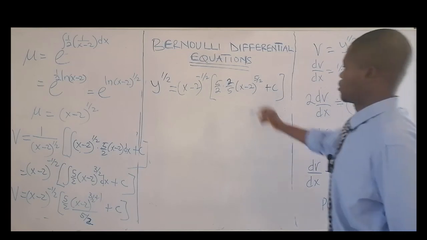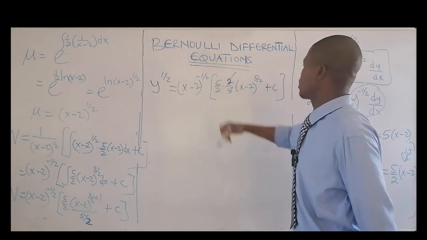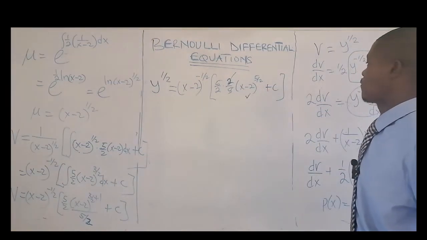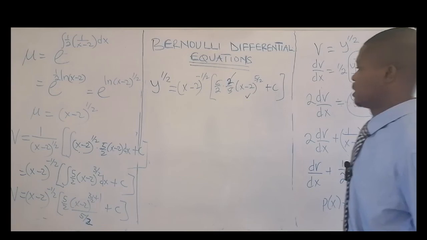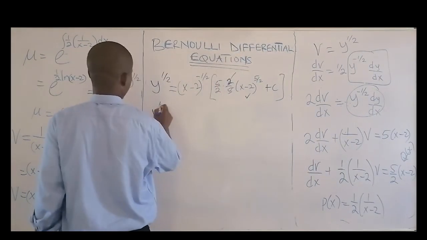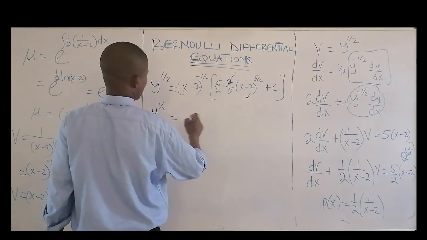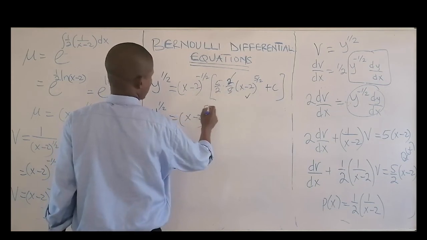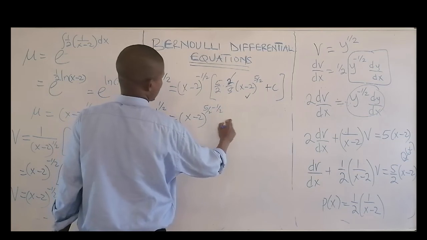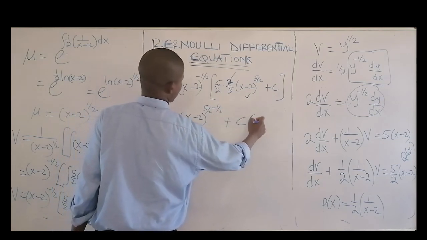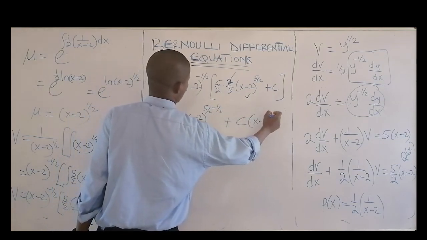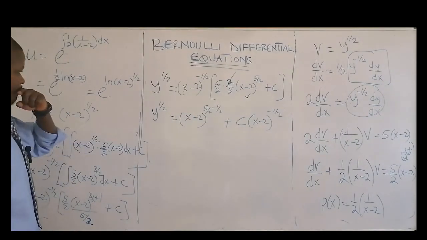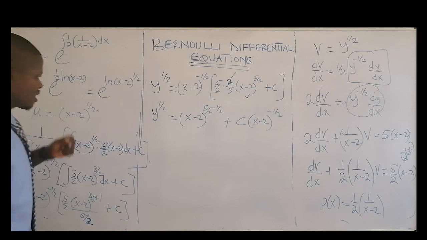So all this one we cancel. We just have x minus 2 to the power 5 over 2 left. Then we can open the bracket. They have the same base, so that will be x minus 2 to the power 5 over 2 minus half, and plus c into bracket x minus 2 to the power minus half. If you subtract, that will be power 2.